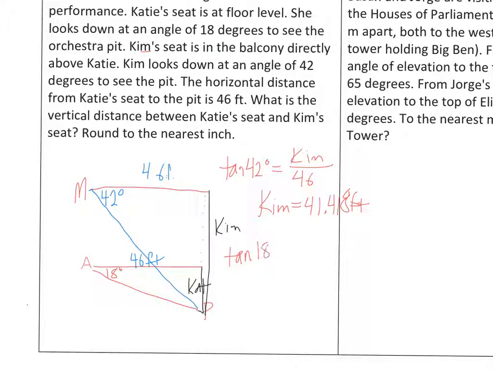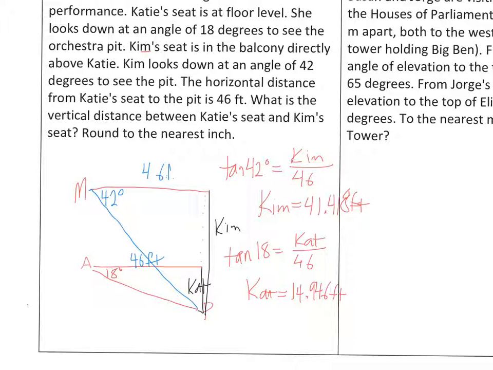Tangent of 18 is equal to Cat over 46. So if I were to do this out, we end up getting 46 times the tangent of 18. We find out that Cat is 14.946 feet above the orchestra pit.